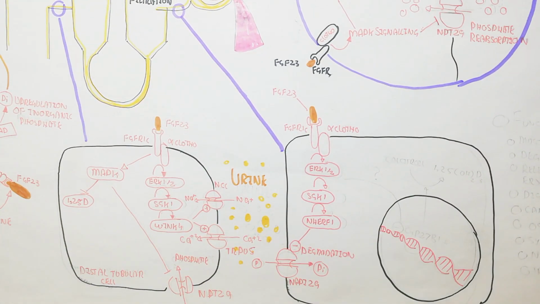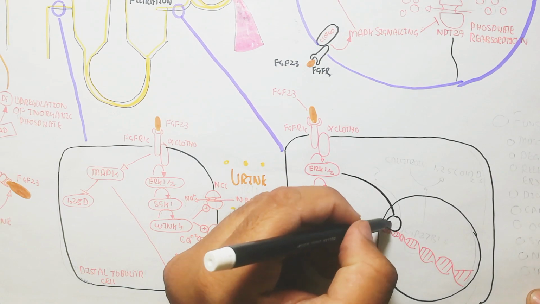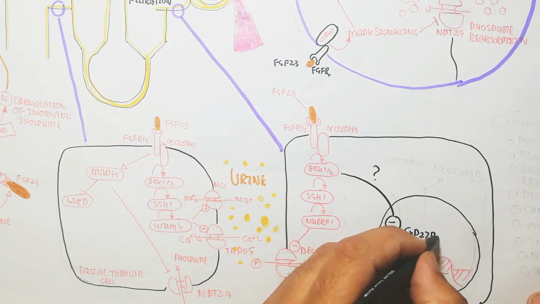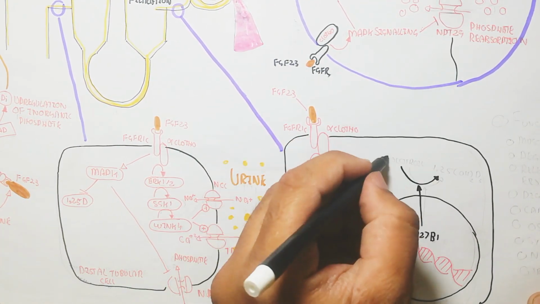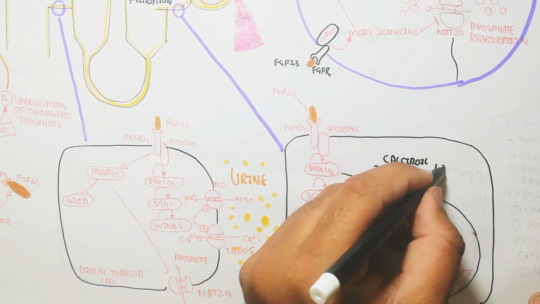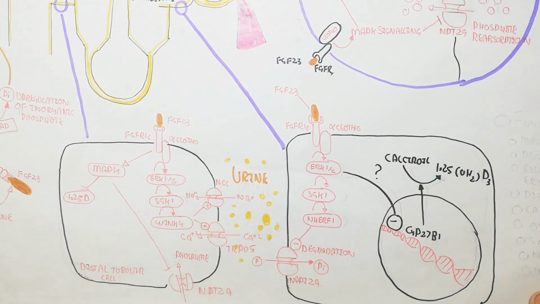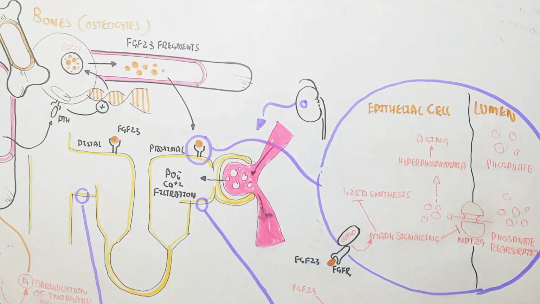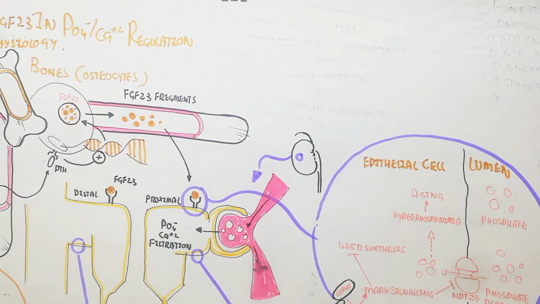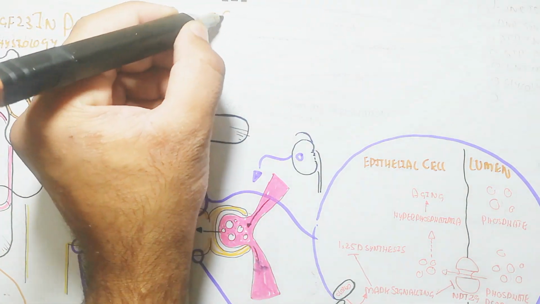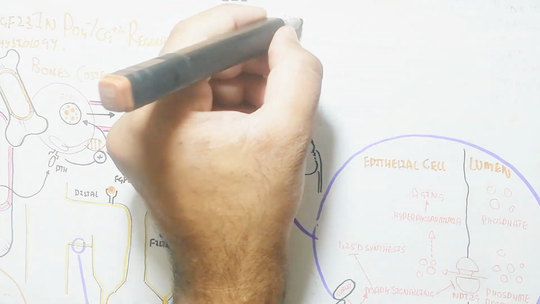It also acts on the CYP27B1 gene to inhibit the conversion of calcitriol into the active form of vitamin D, 1,25-dihydroxyvitamin D3. Vitamin D3 is very important for the absorption of phosphate, so this will be impossible.